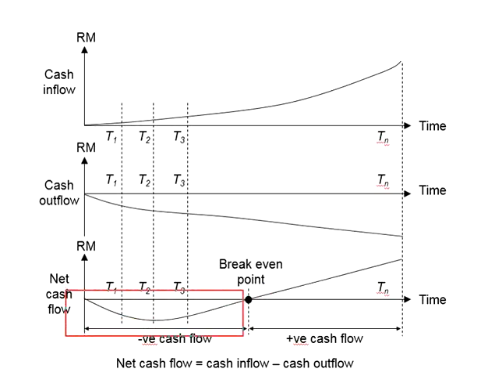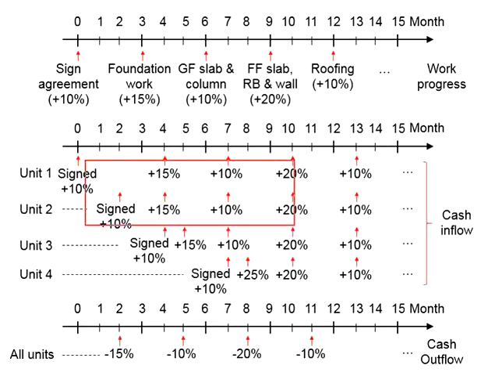This is when you need to prepare capital in order to make sure the project is running smoothly. This is because you are spending more money than you are getting from your potential buyers. The money will only be coming in if the buyer signs the sales and purchase agreement.